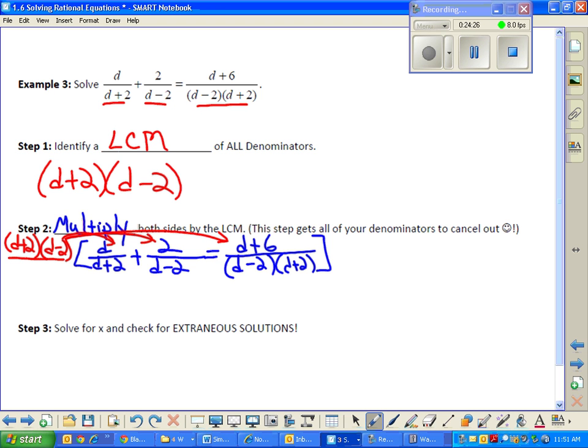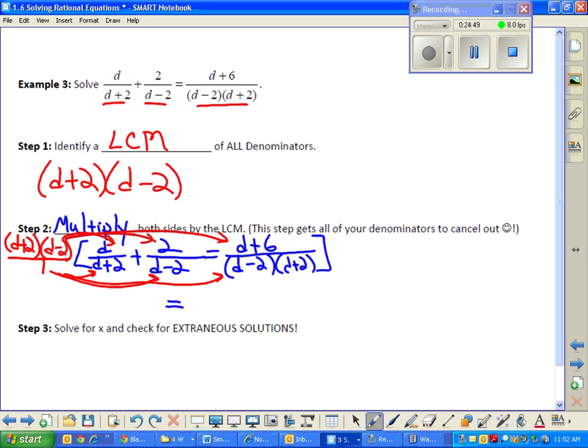Remember, this LCM is over 1, so I distribute 1 through the bottom of my fraction, which doesn't really change your denominator at all. When you execute that property, the only thing that really changes again is the numerator.